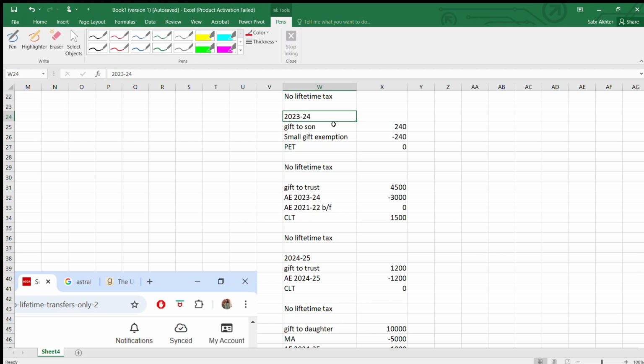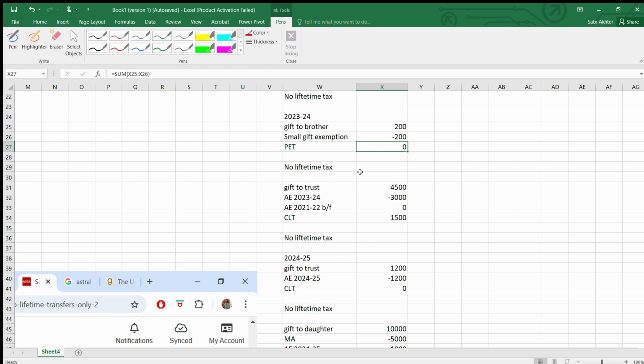So now we are going to solve it here. The first one is gift to brother. So here it's a PET and the amount was 200. So 200 comes out of small gift exemption, which is less than 250. So now there is nothing that is chargeable. Okay.